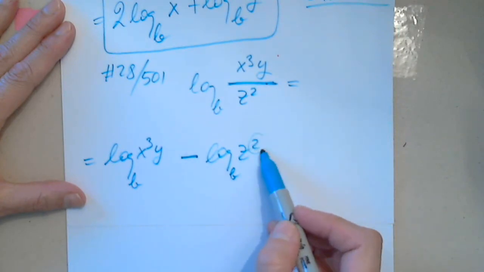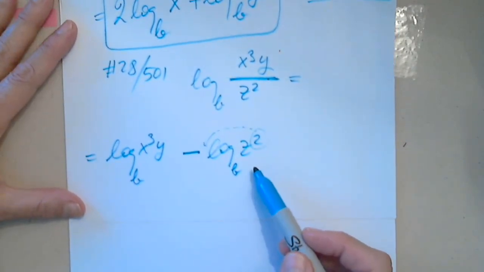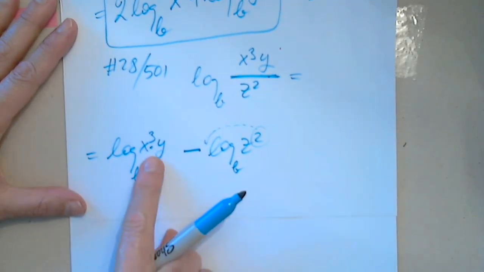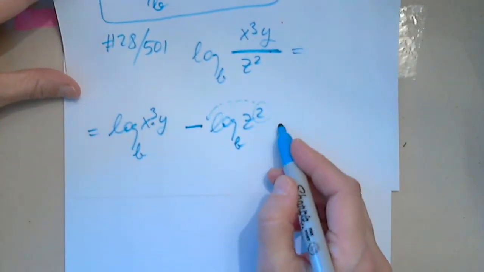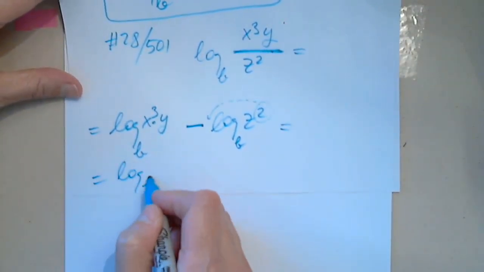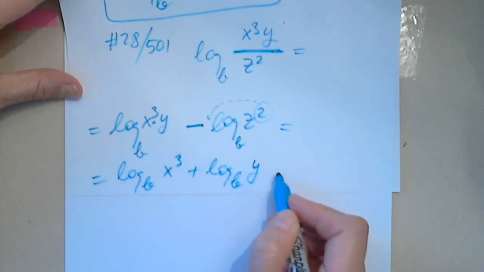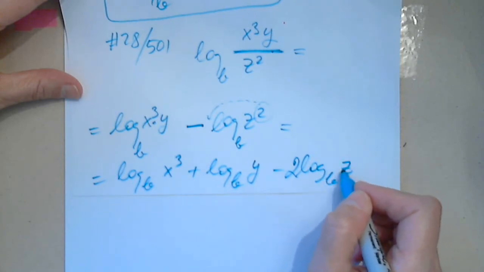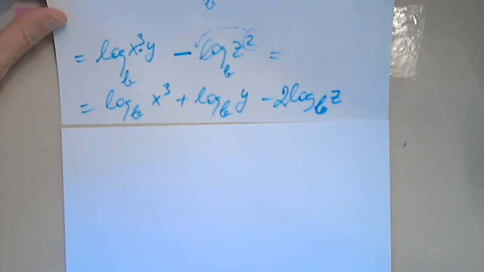This one will be very simple after I put the 2 in front, because I'm applying the power rule. But for this one, first I have to apply the product rule and change it into a sum. Log base b of x cubed plus log base b of y minus 2 log base b of z. Is there an extra step?